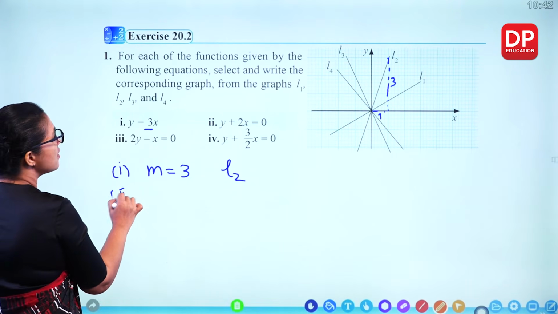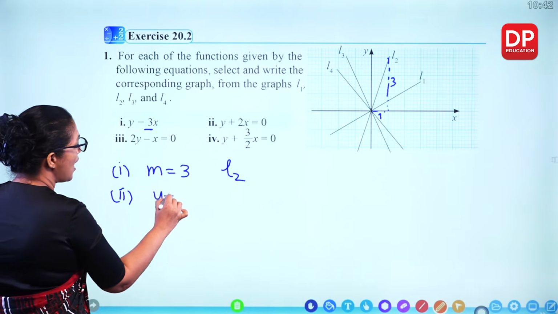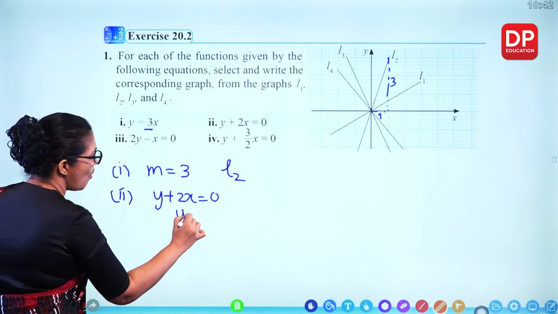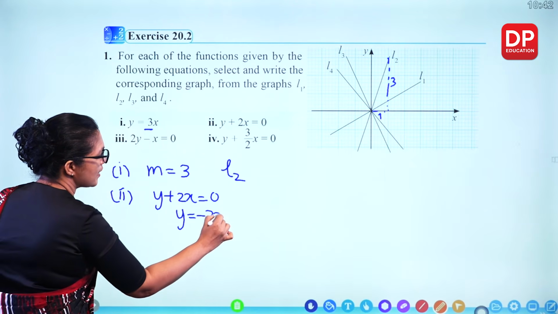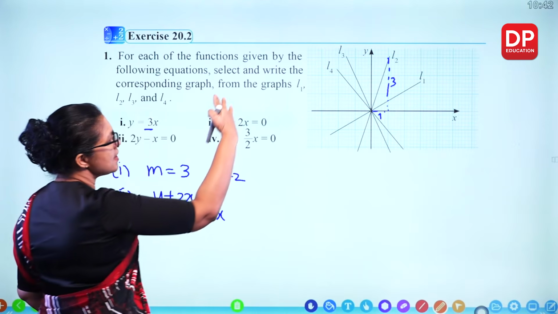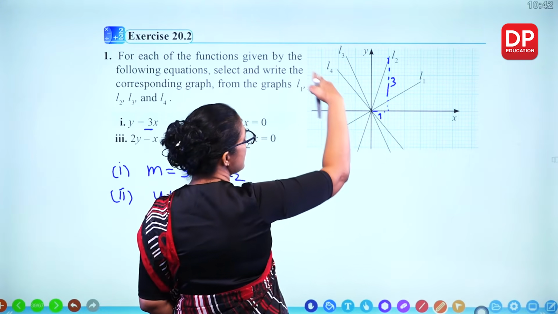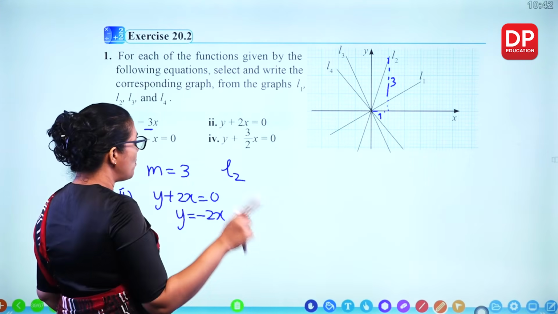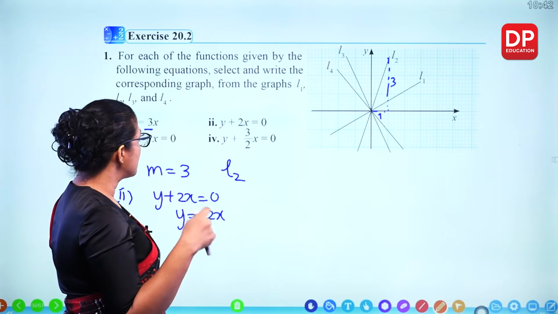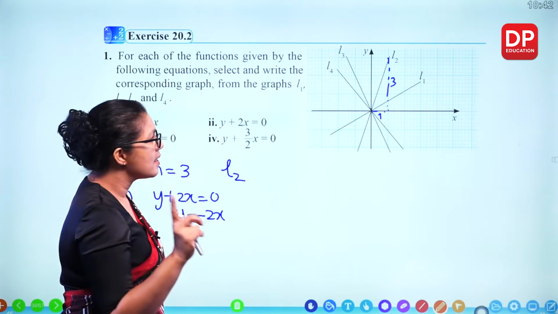Second one, y plus 2x equals 0, which means when you take it to the other side, y equals minus 2x. The slope is negative, the gradient is negative, so you get a line like this. When you move 1 square along the x-axis, this is 2 squares up.